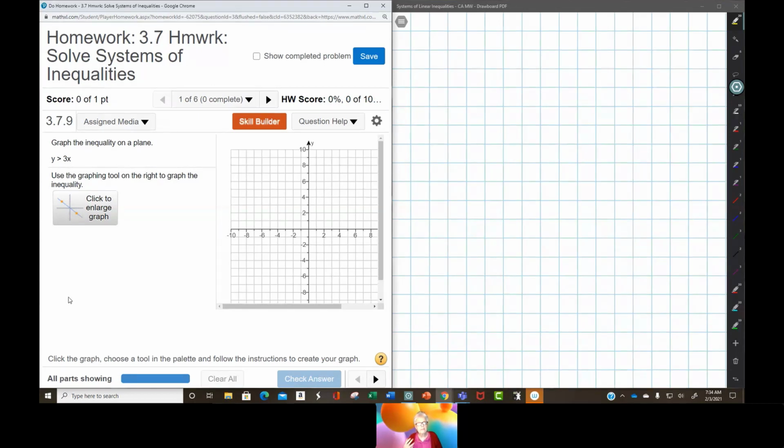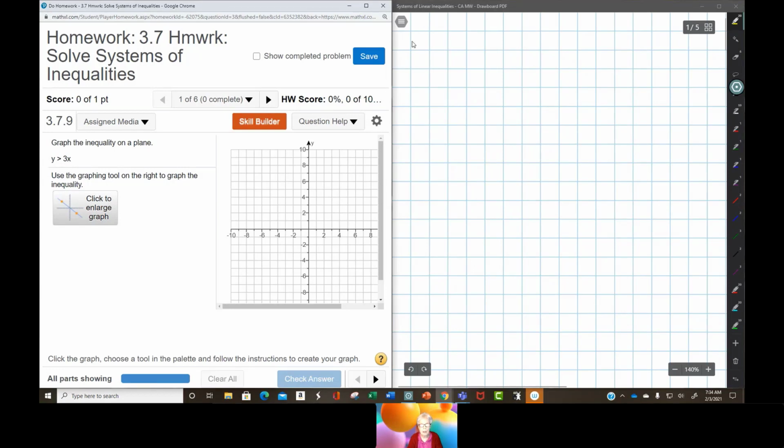We're going to carry them forward today, but let's do a few little one-offs right now. There's a method you use to solve this. Notice it's not y equals 3x, which would be a straight line. Instead, it's y is greater than 3x.